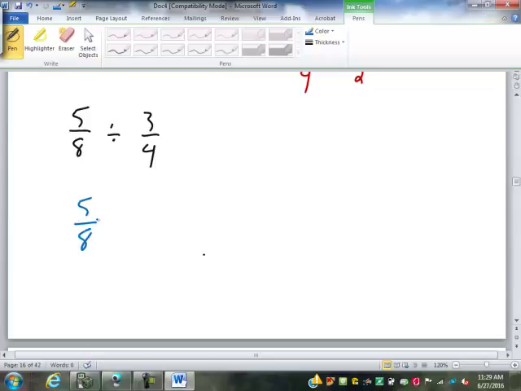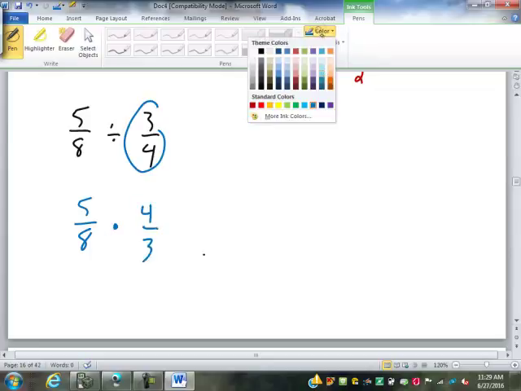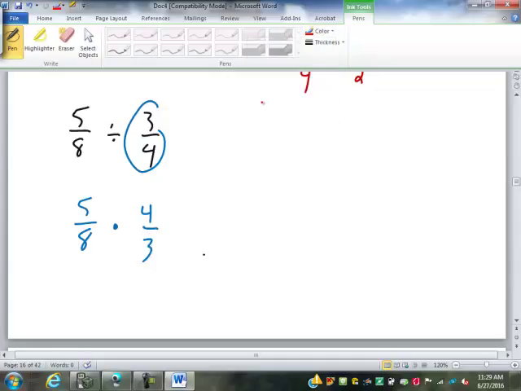Just like when we were dealing with negatives and subtracting, we never changed the first number. But now it's going to be multiplied by the reciprocal. 3/4 is 4/3. Very good. Now I could multiply here, but if we pause for a second, we'll notice we can do what? There you go. It's multiplication now.